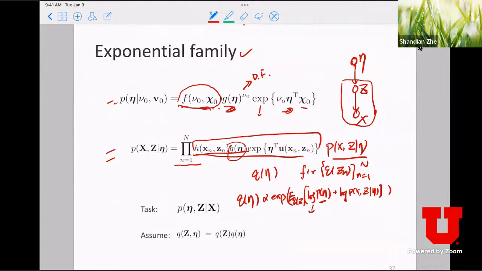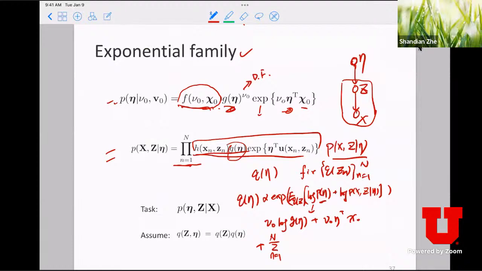So take a logarithm, it will give you nu 0 logarithm g of eta plus nu 0 eta transpose kappa 0, right? And then you take a logarithm over this likelihood. Of course, you need to do the summation, right? Summation over each data point.